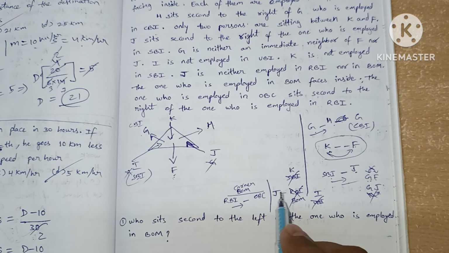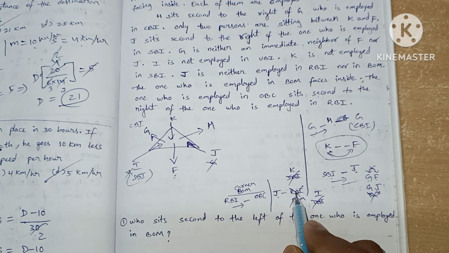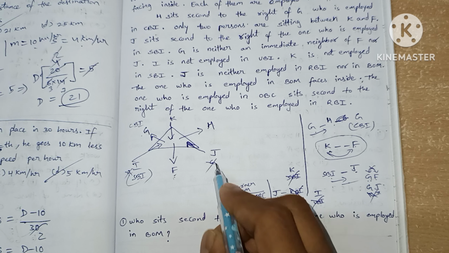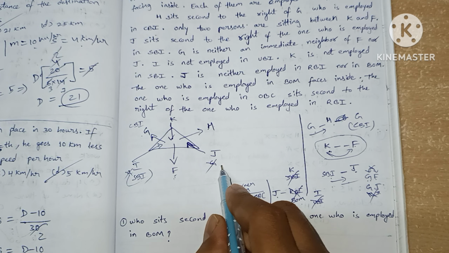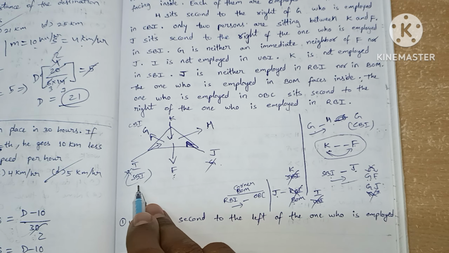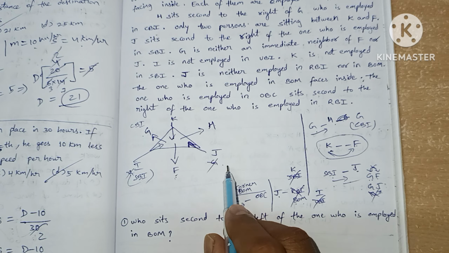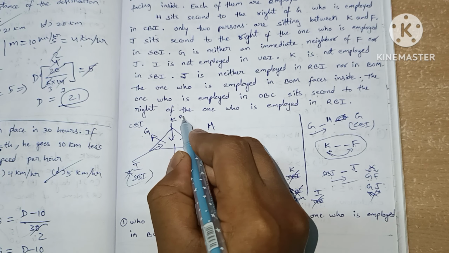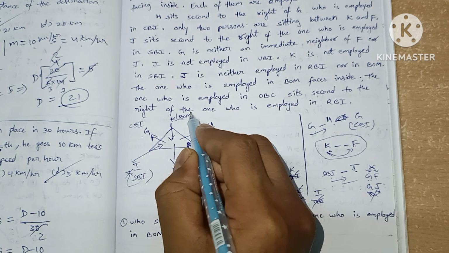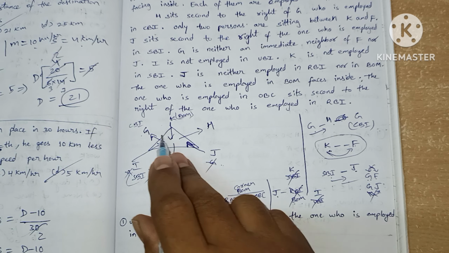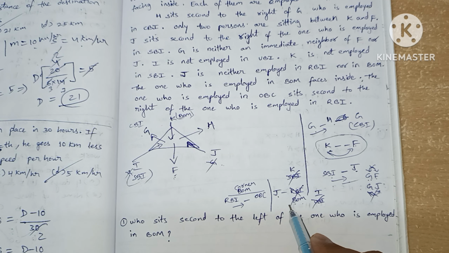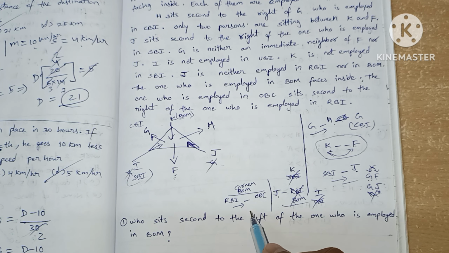Next one. J belongs to neither RBI nor BOM. This is not BOM, but BOM is in a corner. This one is SBI and this is not BOM, so the only possible place for BOM is K. K is working in BOM. Okay, this is also completed.